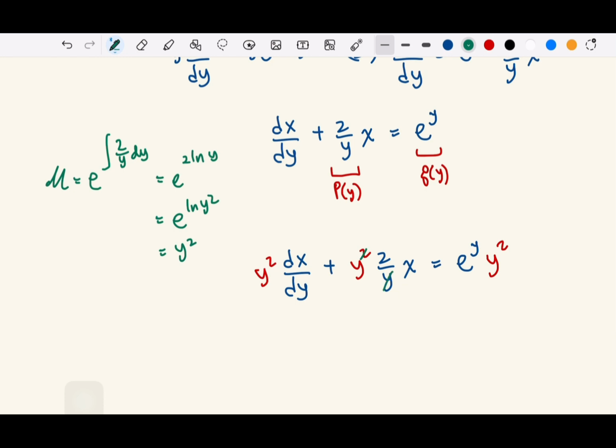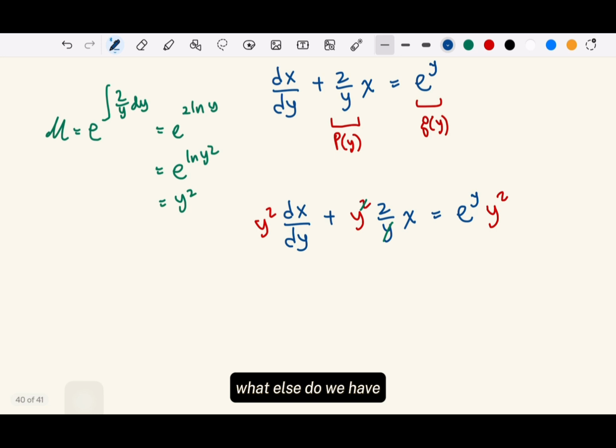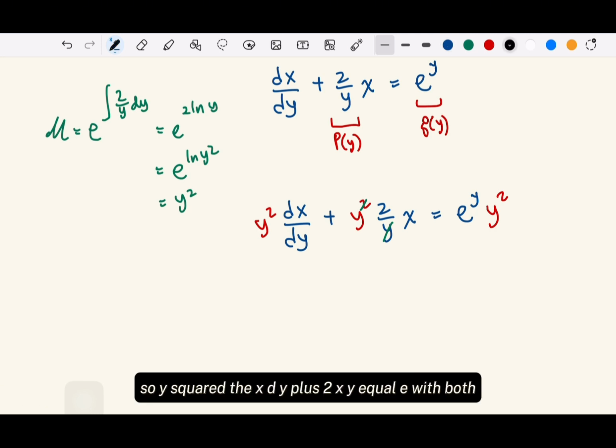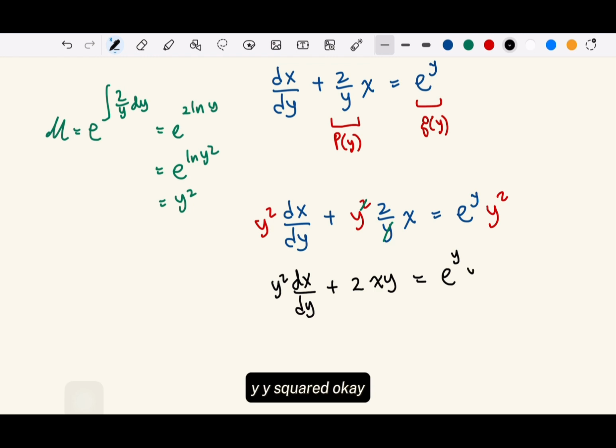I think we have all. So y squared dx/dy plus 2xy equal y squared e to the power of y.